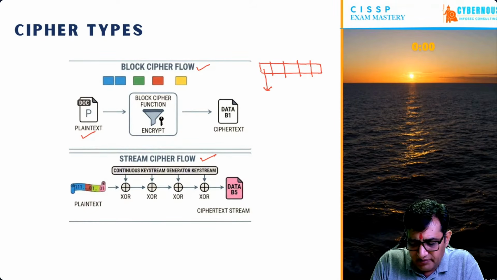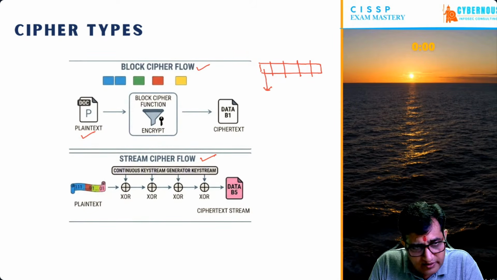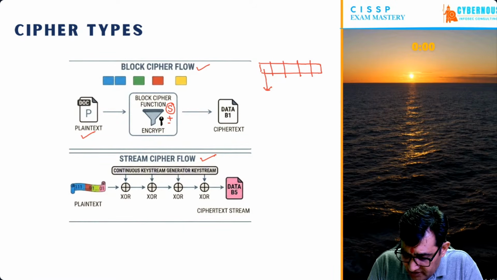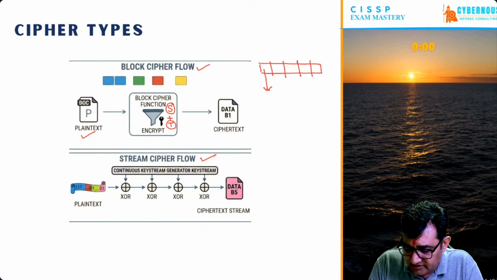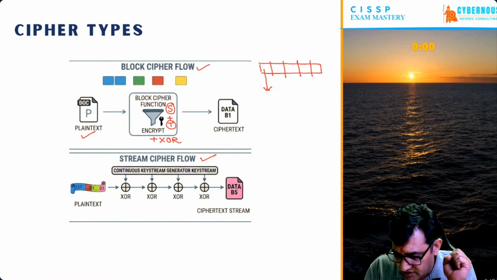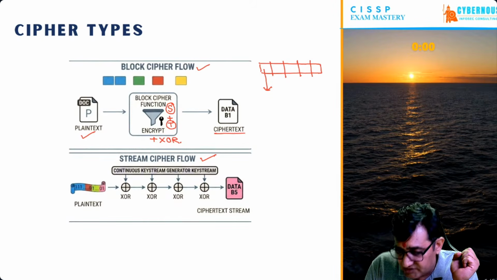The plain text goes through the encryption mechanism, where we mix substitution plus transposition, and in many cases we also use one more function called XOR, extended OR operation. The combination of this will generate the first ciphertext.